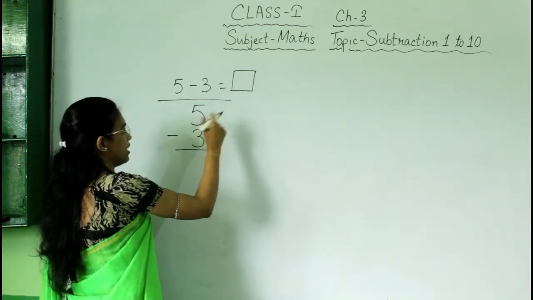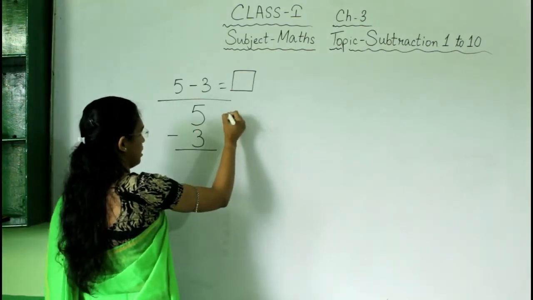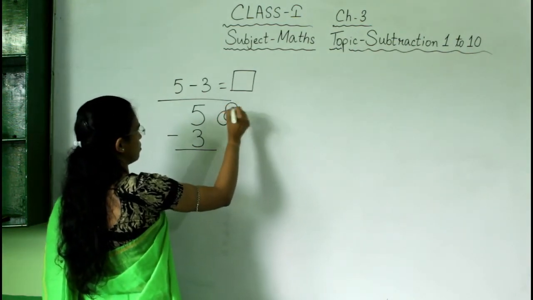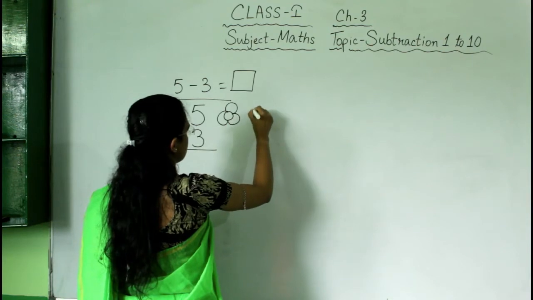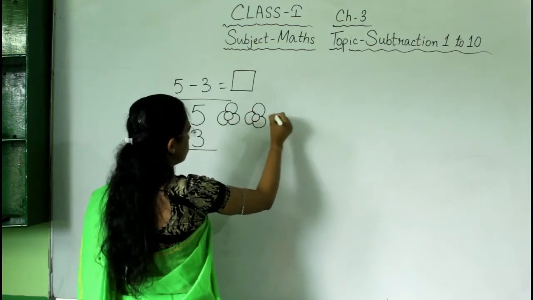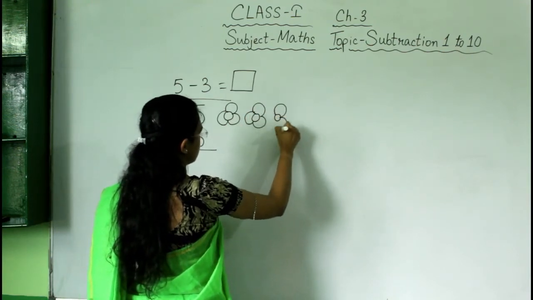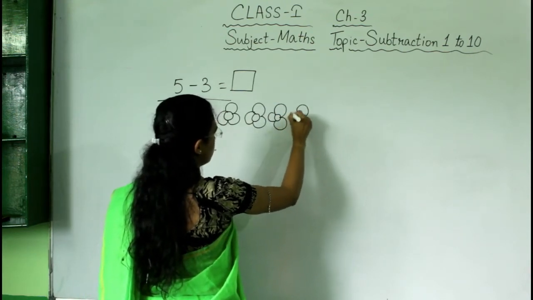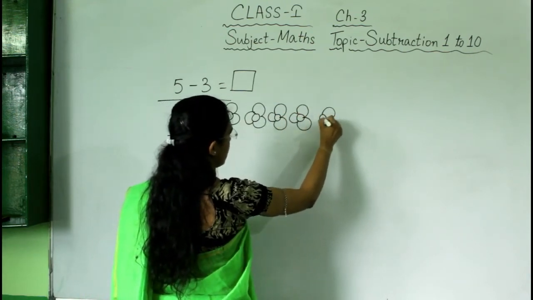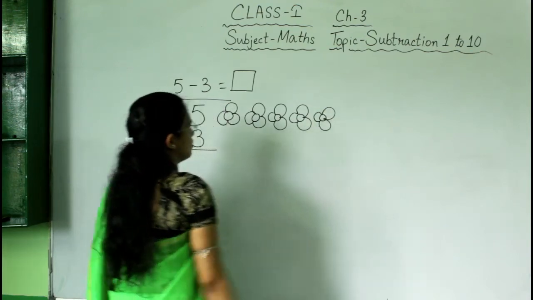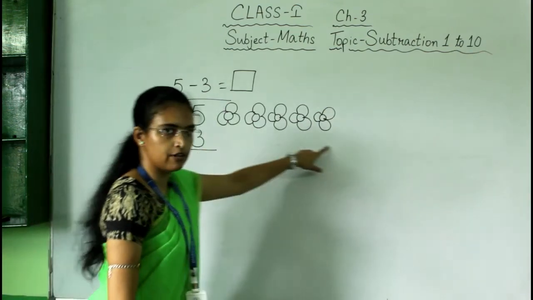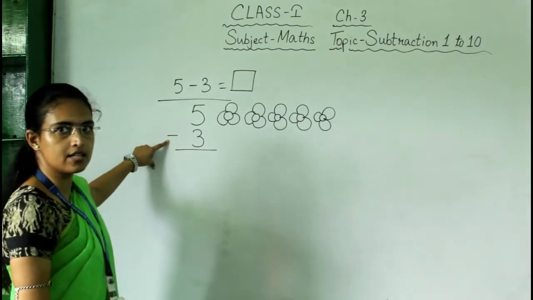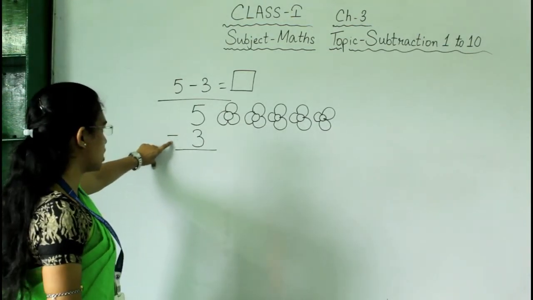First number is 5. So I have to draw 5 flowers. 1, 2, 3, 4, 5. I have drawn 5 flowers. Now, what is this? This is minus or subtract.